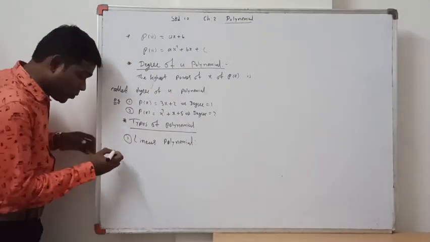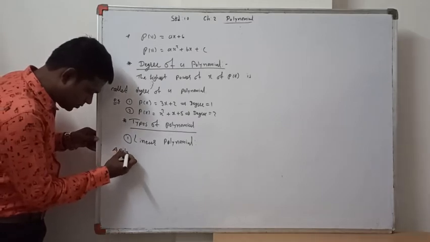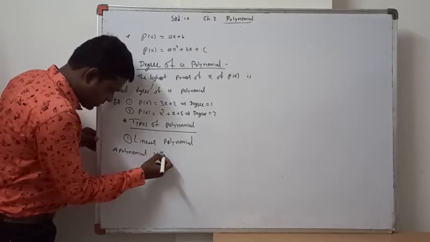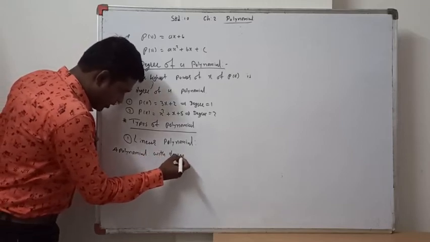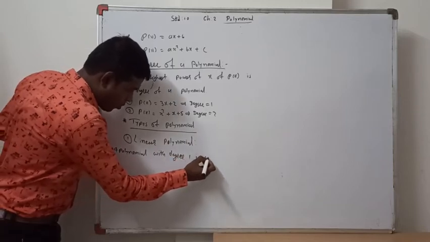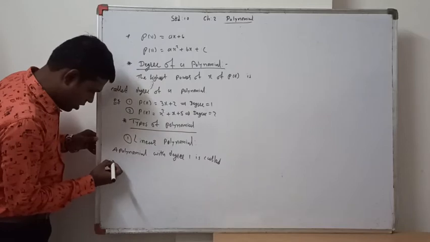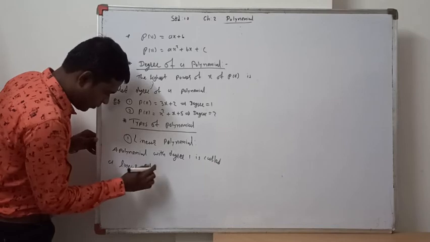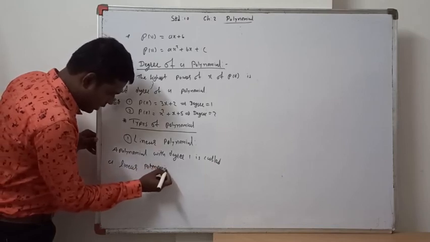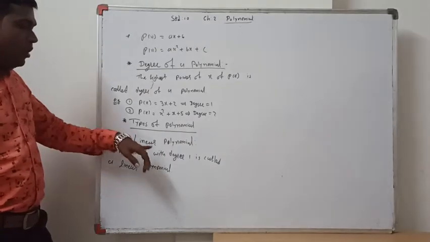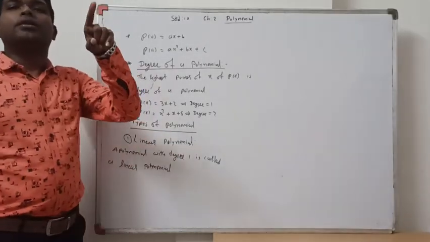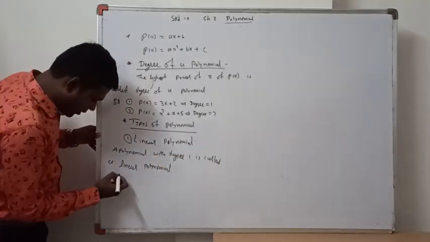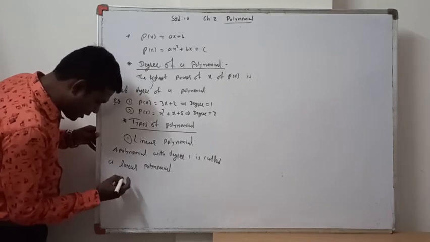Linear polynomial means a polynomial with degree 1 is called a linear polynomial. A polynomial with degree 1, then that polynomial is called a linear polynomial.